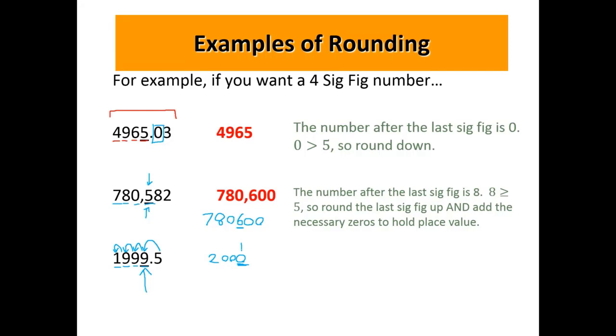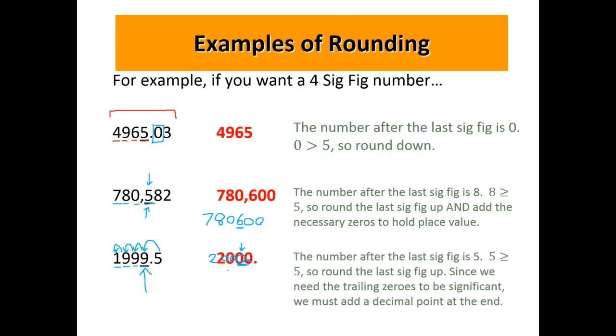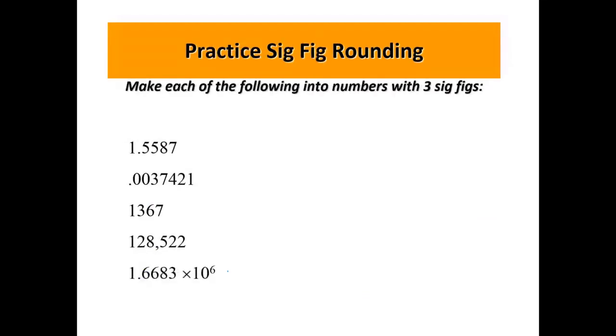So is that last zero significant right now? No. So what do I need to do to make it significant? You have to put a decimal. So I add a decimal to make it significant. Now I have the correct number of significant figures. Very well done.